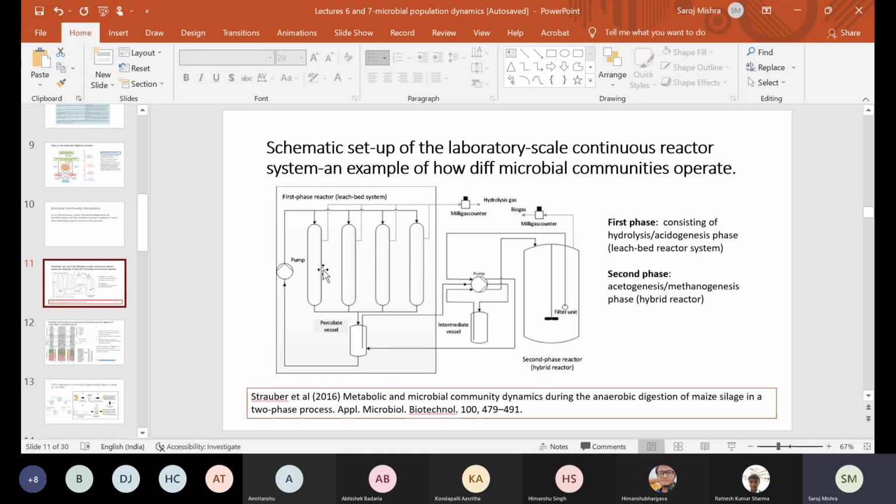Now there is a modification in the way the substrate is fed. It is what is called a leachate system, where the solids are collected in here because you are dealing with a solid substrate, and water is allowed to percolate through this. The idea is that anything which is soluble, particularly the sugars, the proteins, and many of the fatty acids, are extracted out and collected at the bottom.